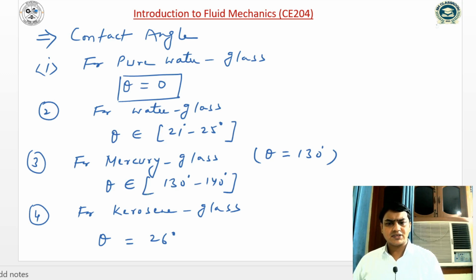For mercury and glass, the value lies between 130 degree to 140 degree, and generally we take 130 degree. And for kerosene and glass, theta will be 26 degree.